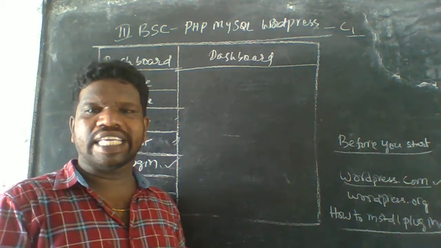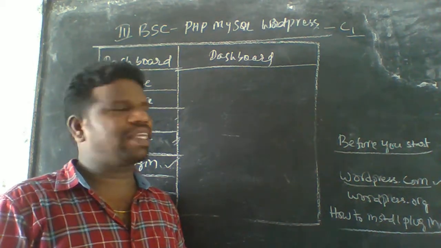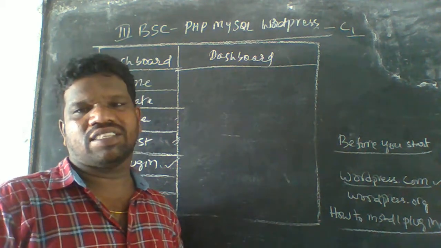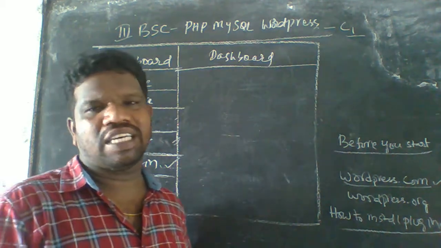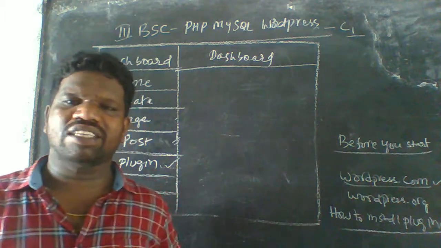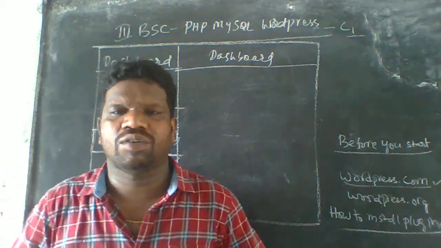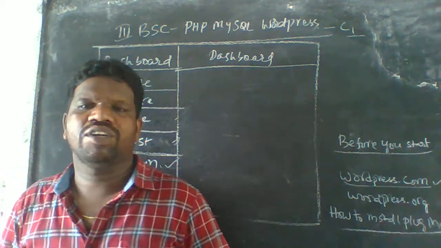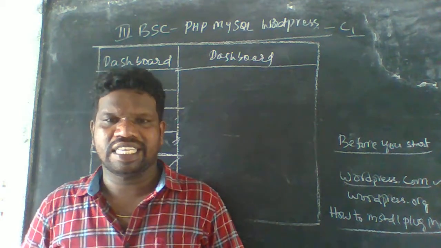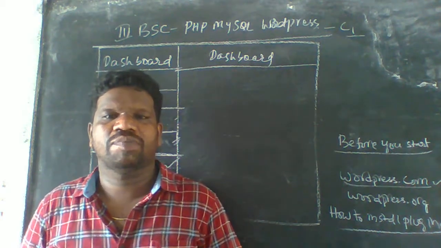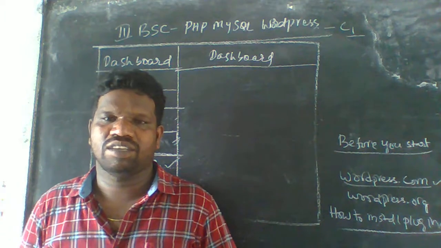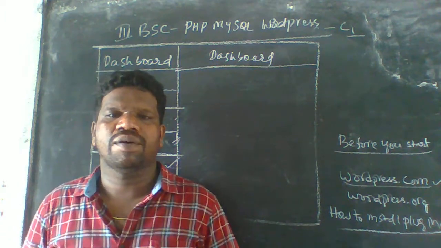So now, install plugins using WordPress plugin search. The easiest way to install a WordPress plugin is to use plugin search. The only downside of this option is that the plugin must be in the WordPress directory, which is limited to only free plugins.